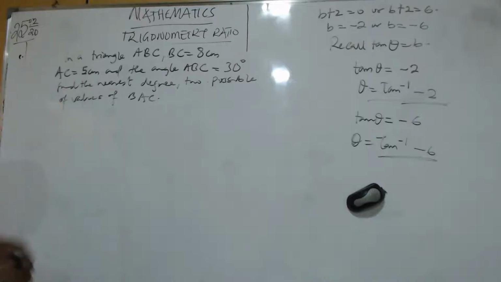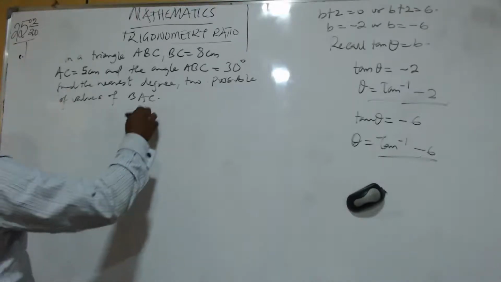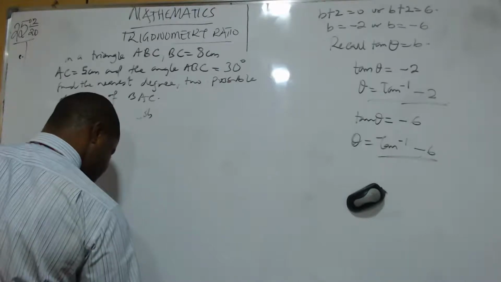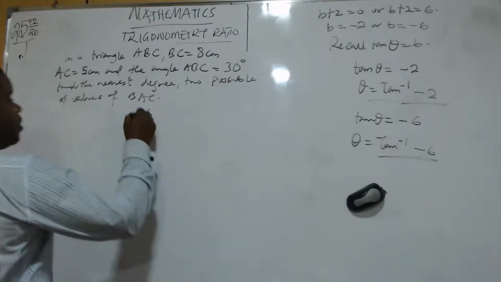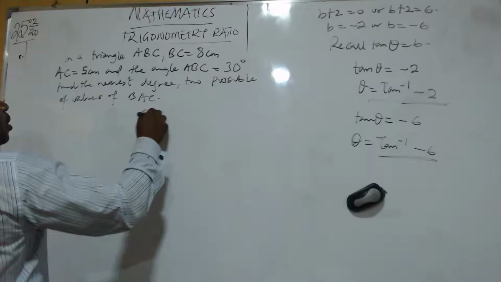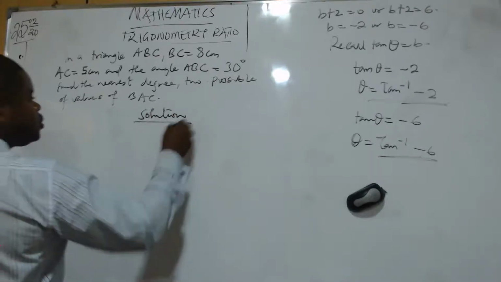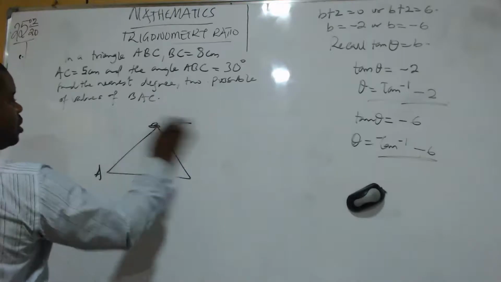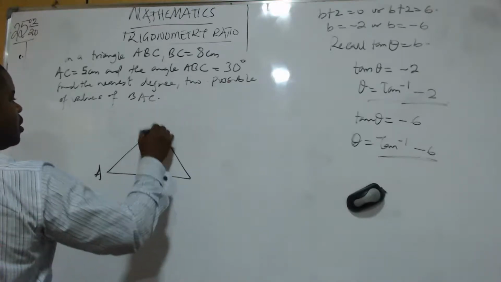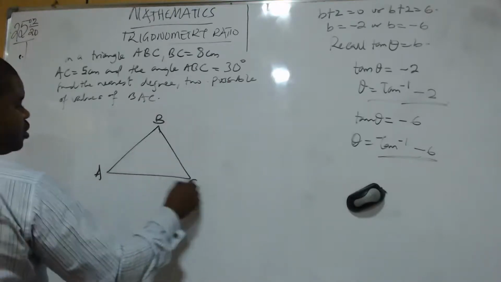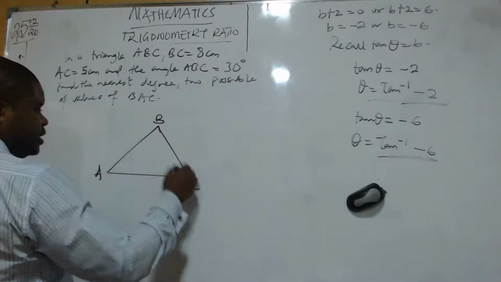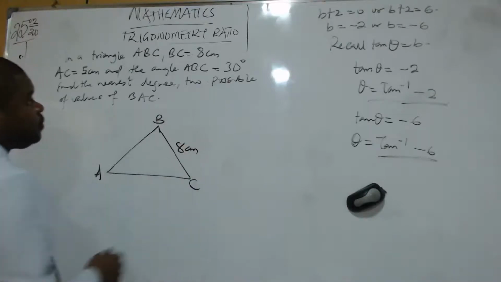Solution. We have our triangle, we have B, we have C. Now, the question says BC is 8 centimeters.